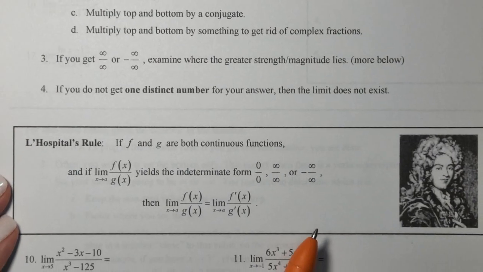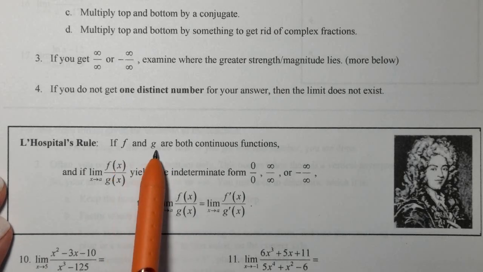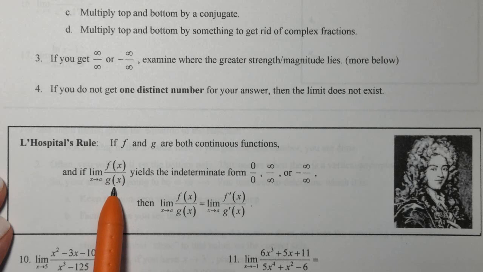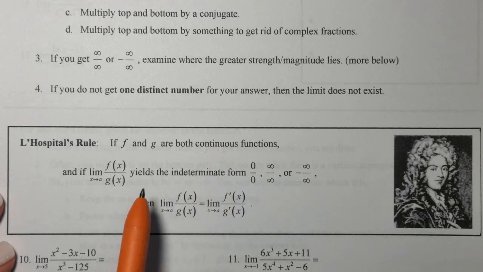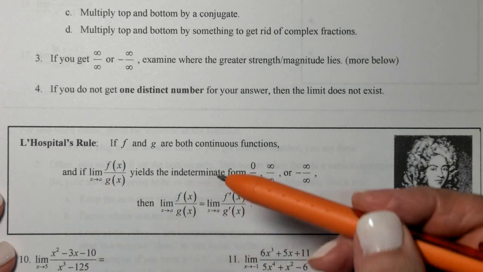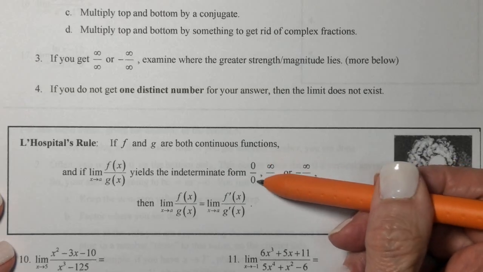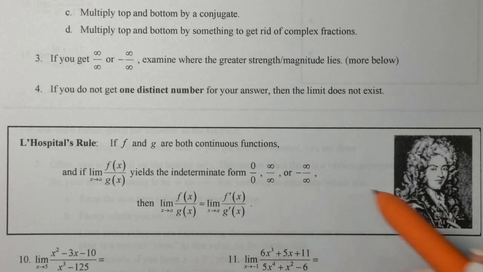To use L'Hopital's rule, I have a box for that down here. There are some conditions that have to be in place. Your numerator and your denominator separately must be continuous. And when you plug in that number for x, you must get either 0 over 0 or infinity over infinity, or negative infinity, whatever.